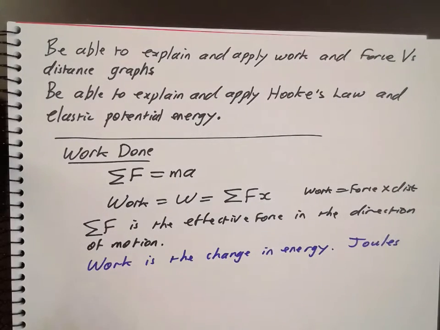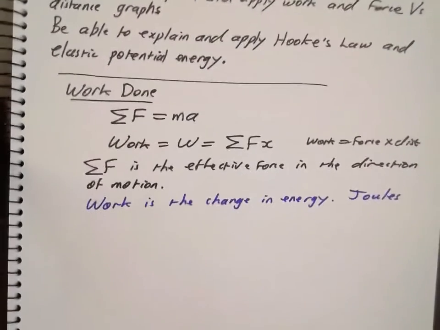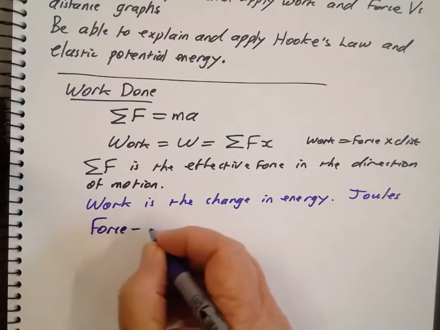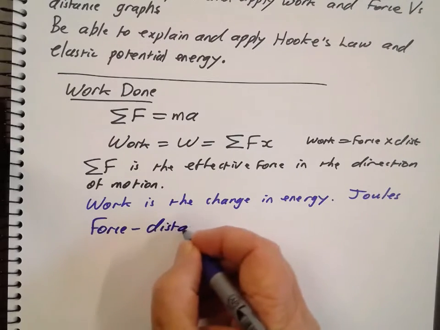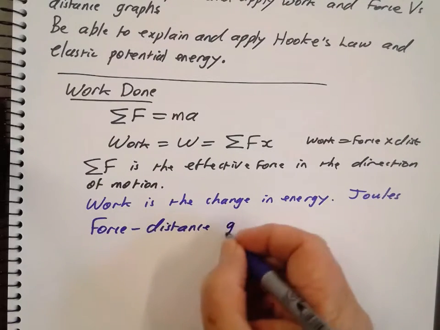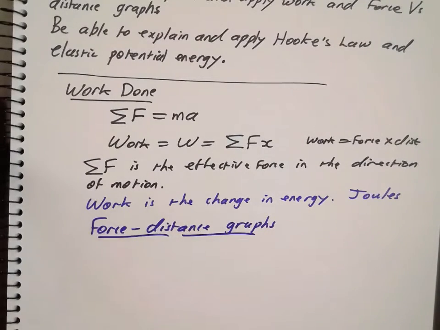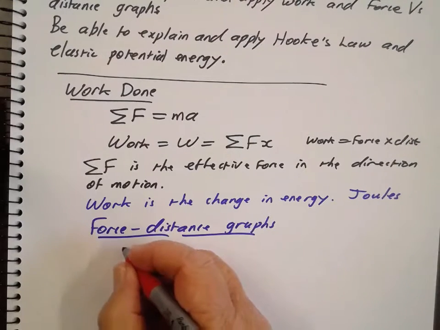Now let's do that other little bit that goes with this, which is force distance graphs. As was explained in the previous video, anything where there is a linear relationship with two quantities that multiply each other, the area is automatically the subject of the equation.